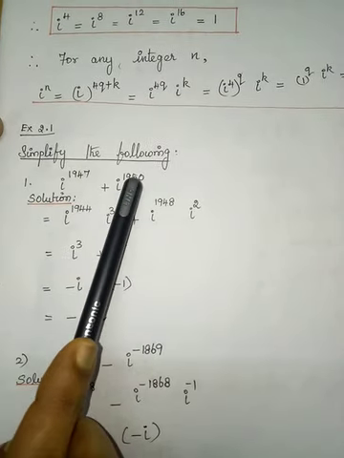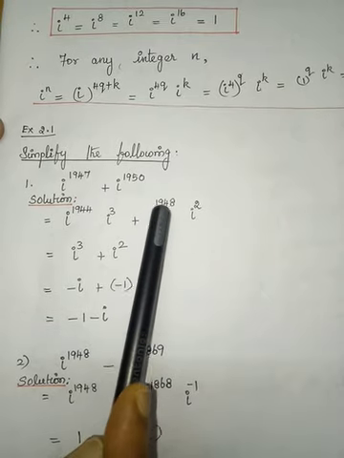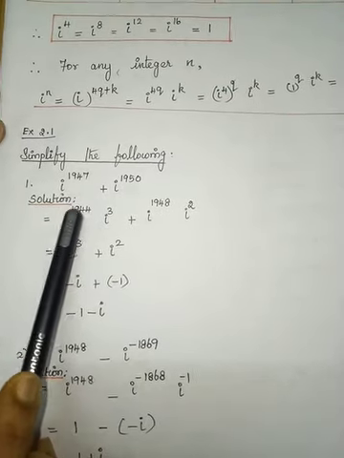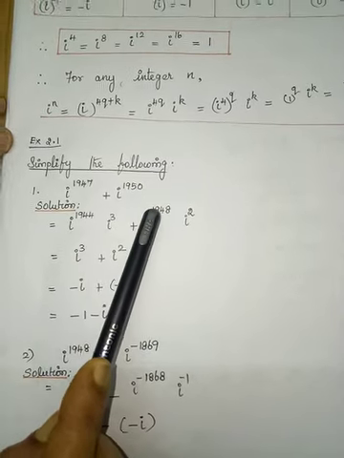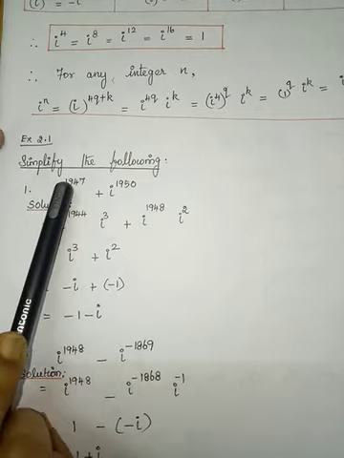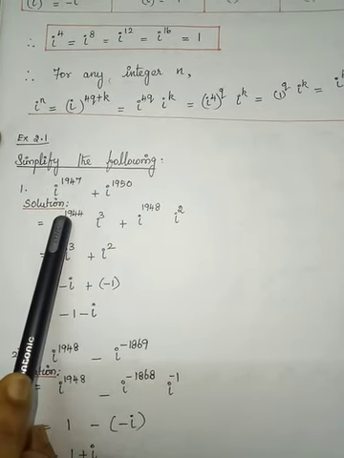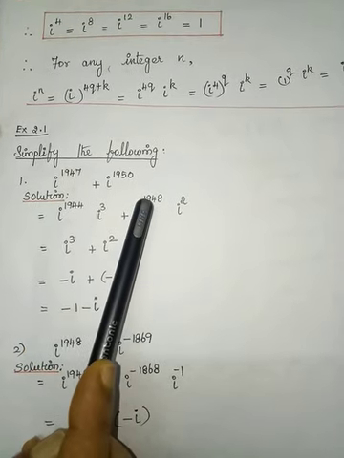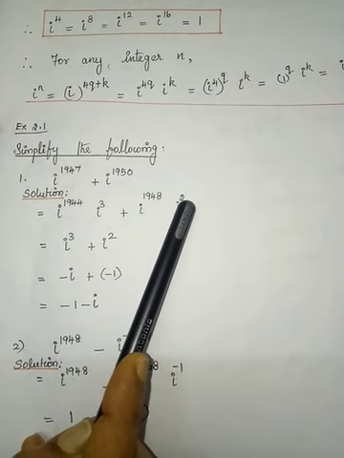In the same way, i to the power 1948 into i squared. Why have I chosen the powers 1944 and 1948? They are multiples of 4. So 1947 can be written as 1944 plus 3 and 1950 can be written as 1948 plus 2.